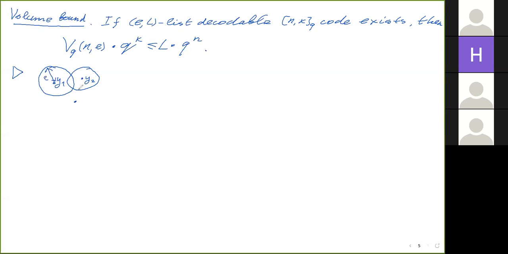Now they can intersect, because we do not need the code to decode from E errors, so some string may belong to different balls. So we have Q to the K balls which might intersect, but we know that each point belongs to at most L balls.